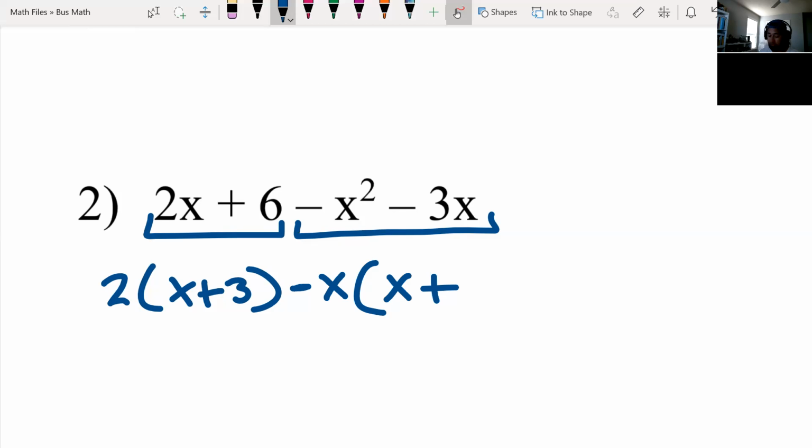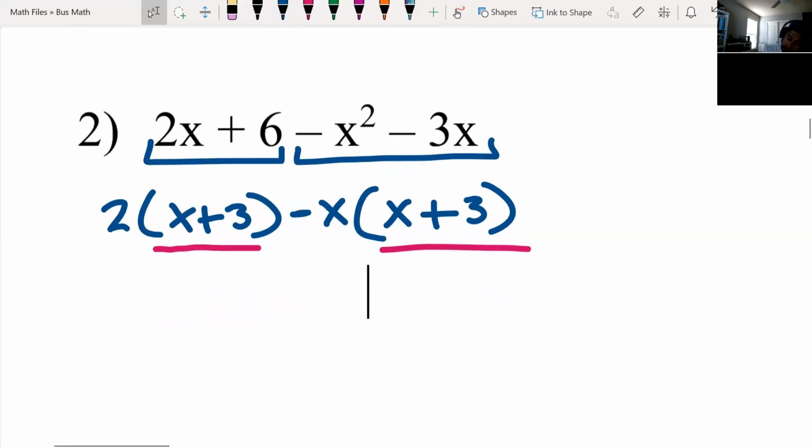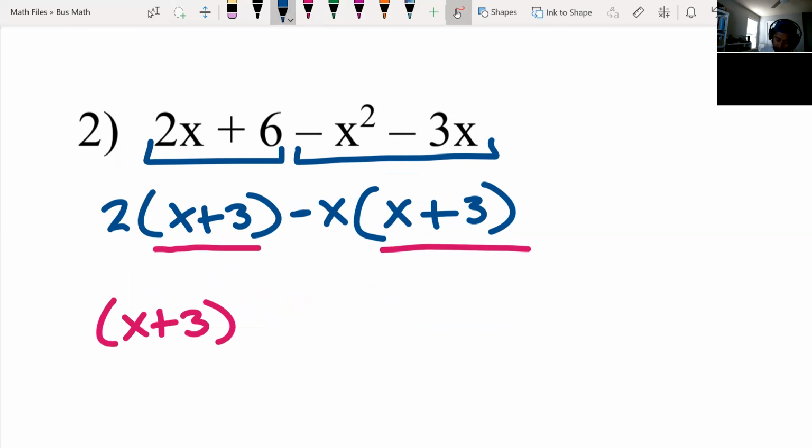Which means now, if you factor negative x from negative 3x, what are we going to be left with? 3. There you go. And now, what looks common? X plus 3. Factor that out. And what is left over? 2 minus x.